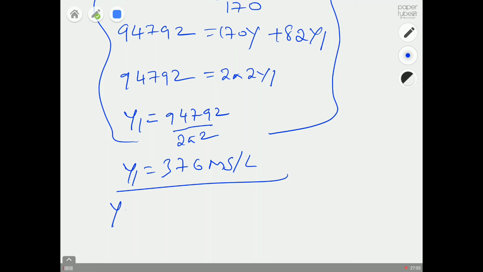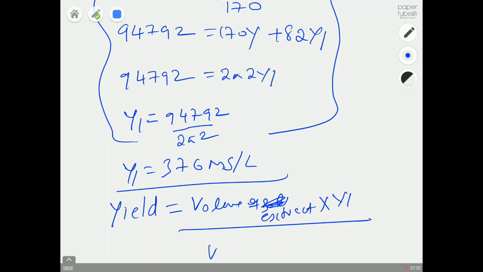So now we need to calculate yield. Yield is very simple. We know how much mass enters. So yield is nothing but the volume of your extract multiplied by the concentration y1, divided by the volume of your carrier liquid multiplied by the concentration of solute in the feed.